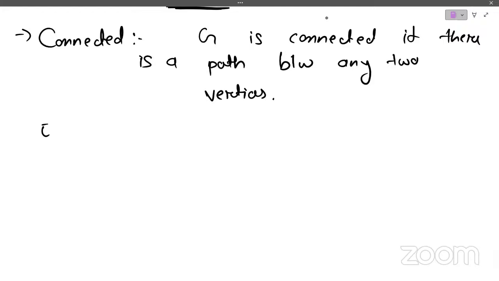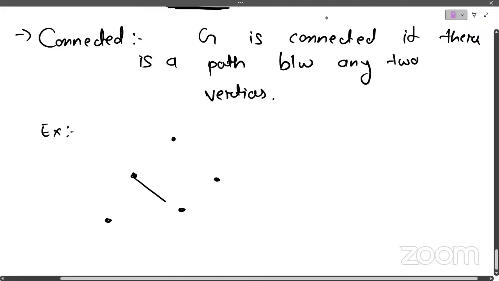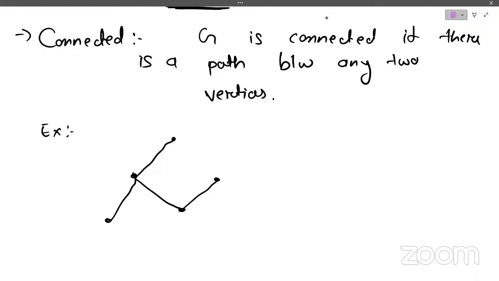For example, suppose this graph. I'm not labeling the vertices. Is this graph connected or not? Yes, it's connected, because we can easily move from any vertex to any other vertex.